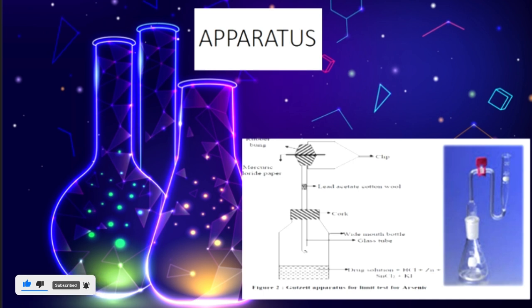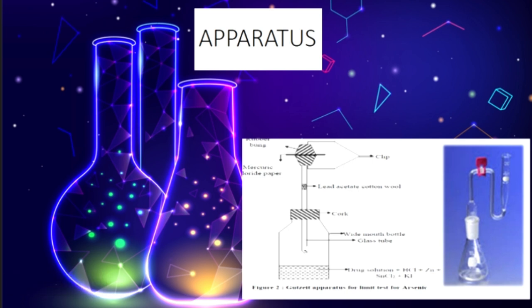So when the reaction occurs, the converted arsine just comes up and the paper is stained. Lead acetate is present in between to avoid any hydrogen sulfide escaping from that and causing the stain. So only the arsine crosses this lead acetate and reaches the mercuric chloride paper.